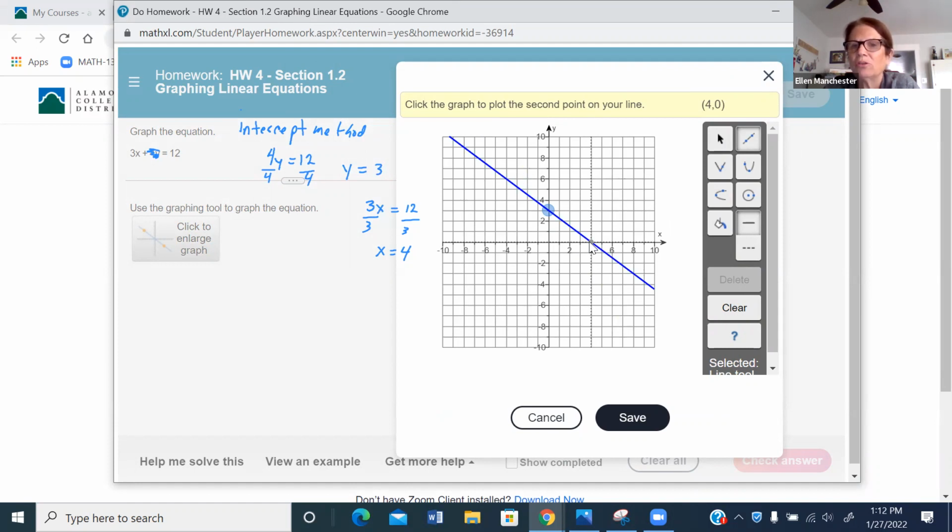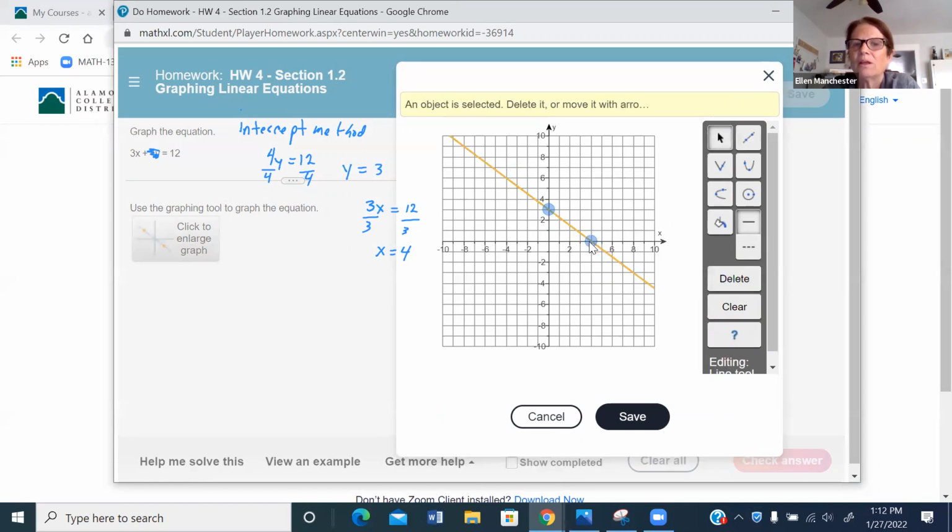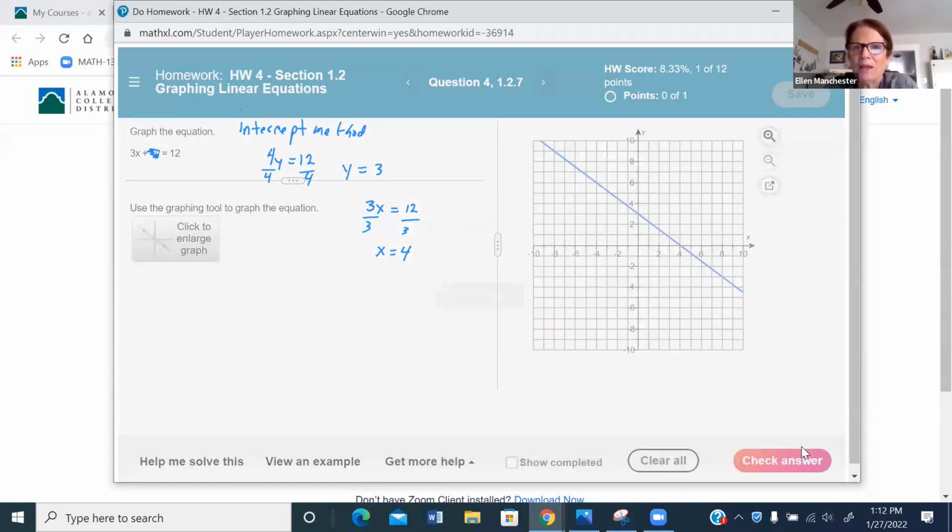That's how you know that you're in the right spot. So I put a point at my x-intercept of 4, 0. The line is yellow. I'm not done yet. I'm going to click again, left clicking on my mouse. As soon as it turns blue, I know it's set. I hit save, check my answer, and yay, I did it right.